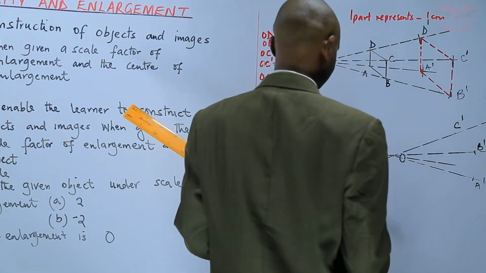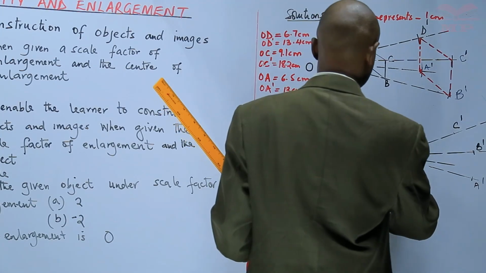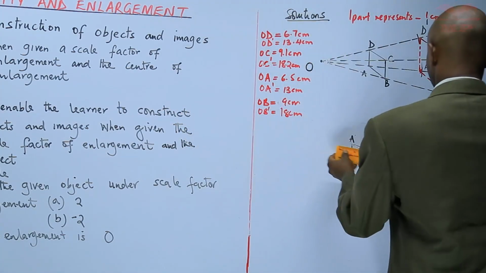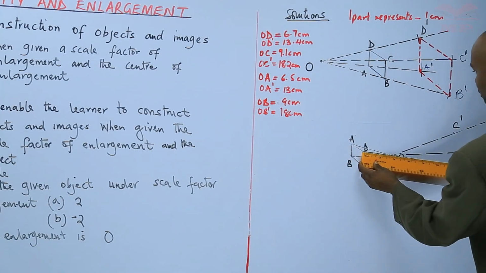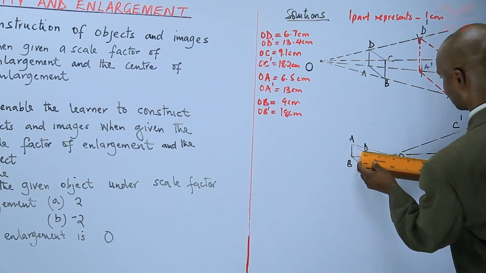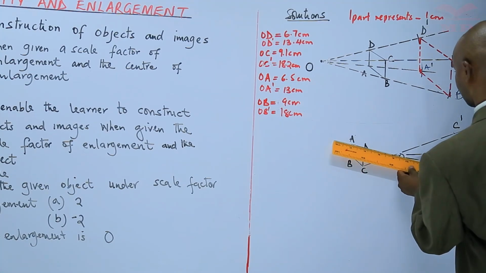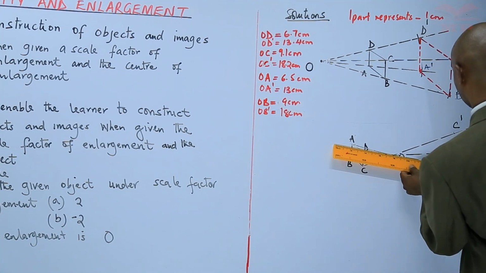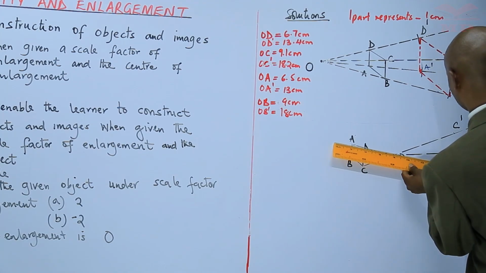We come to the last one. We have A, B, C, there is D. For D, from the center of enlargement, it is 3.8. So this will be 7.8, 7.6.